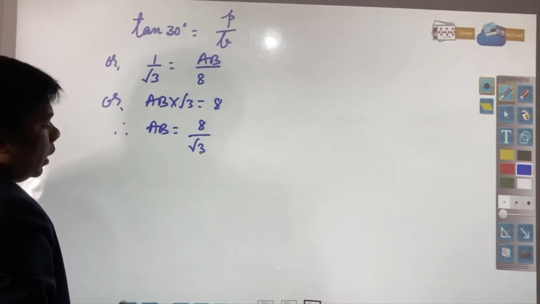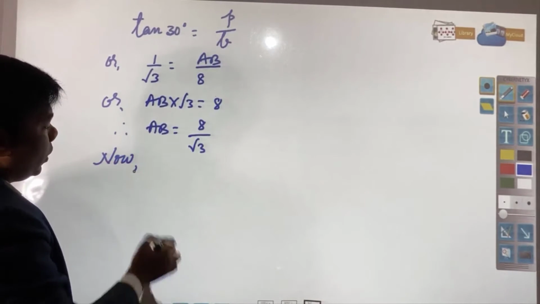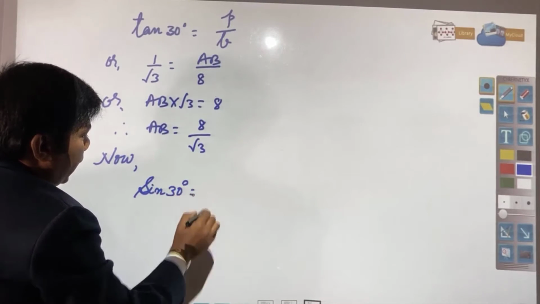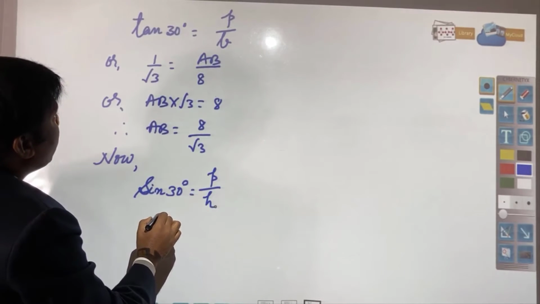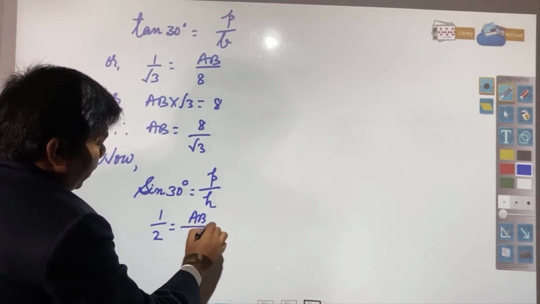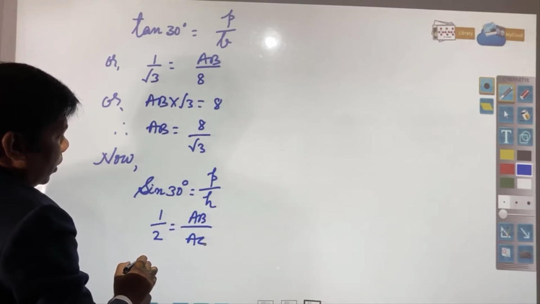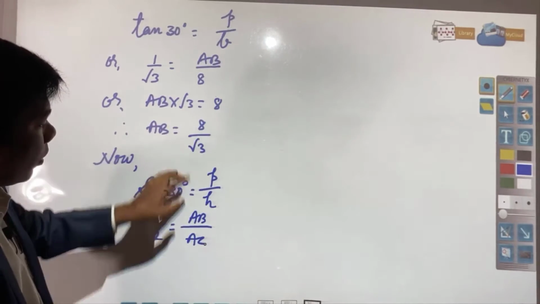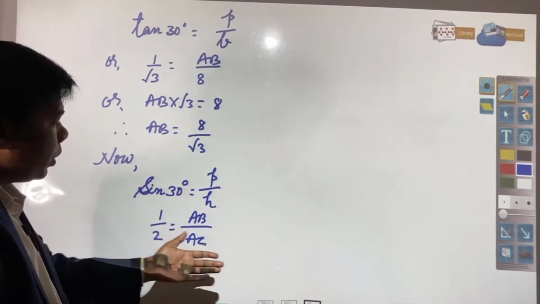This you have got. Now we need to find out AC, and for that you need to know the trigonometric ratio sin 30 degrees. Sin 30 degrees will be P by H, and sin 30 we know this is 1 by 2, and that is equal to P is equal to AB by AC. Either sin 30, if you are taking AB, what value we have got from here we can find out, or cos 30 if you are taking 8 directly can be put because B has been given.